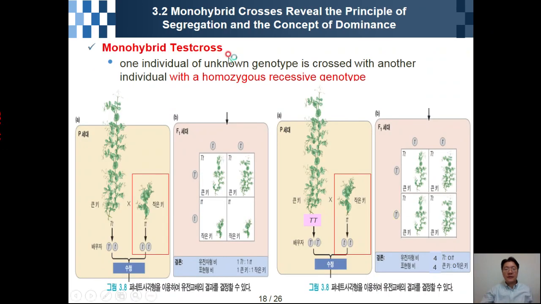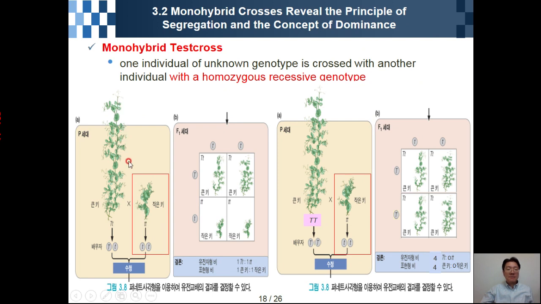So in this slide, we will learn about monohybrid test crosses. What are monohybrid test crosses? For example, large T encodes tall height and small t encodes short height.